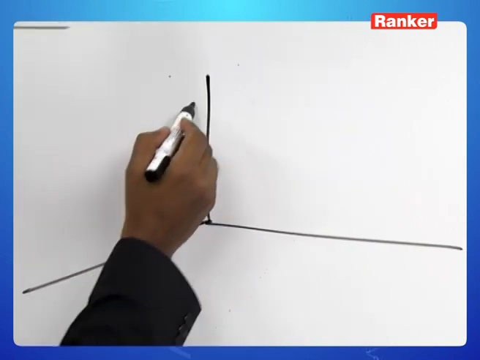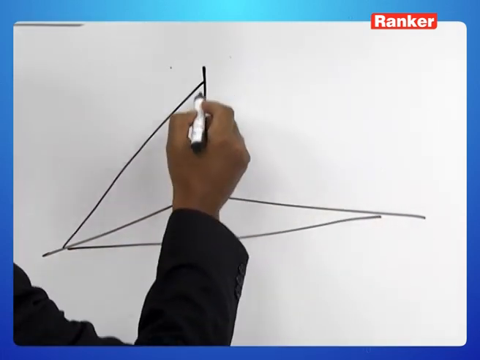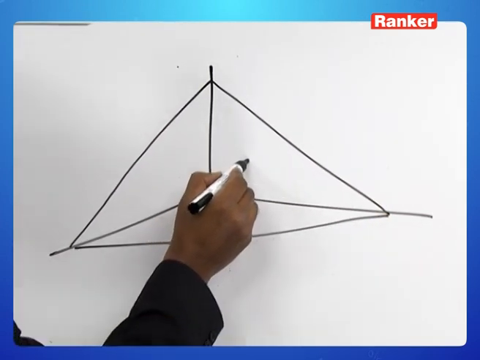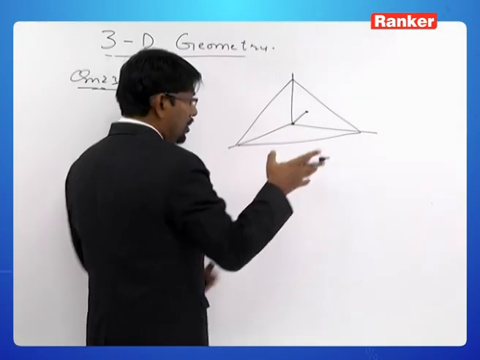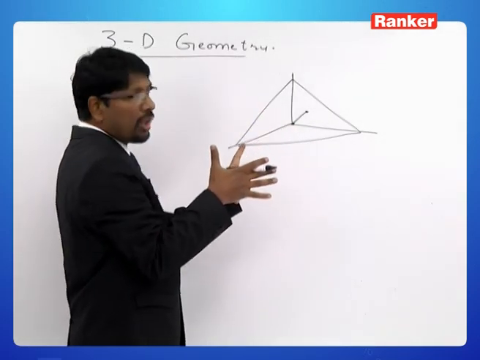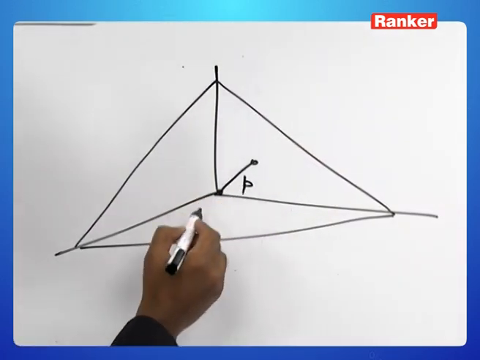So we have a variable plane, whose distance from origin is constant. This plane is moving like this, maintaining the constant distance p from origin.